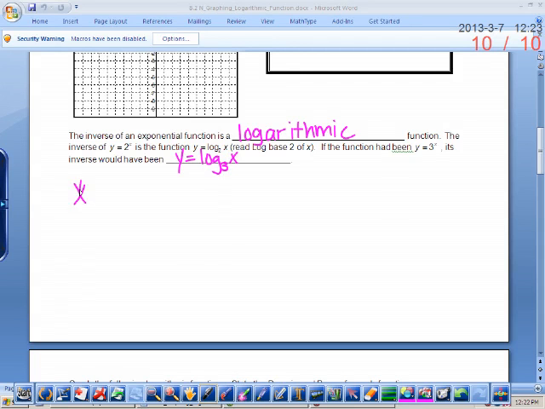Okay, couple notes to graph log functions right now. You're going to find the exponential values or points and then find the inverse.